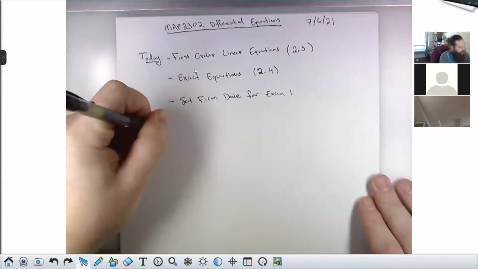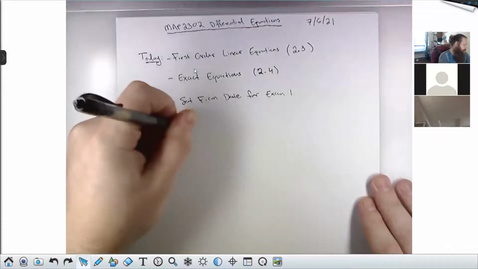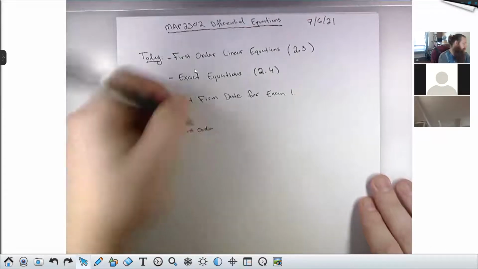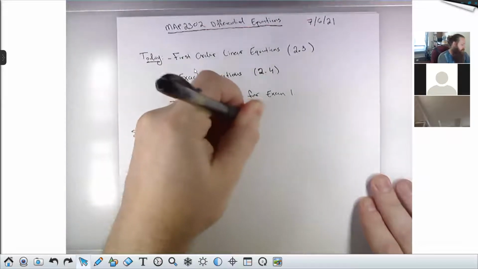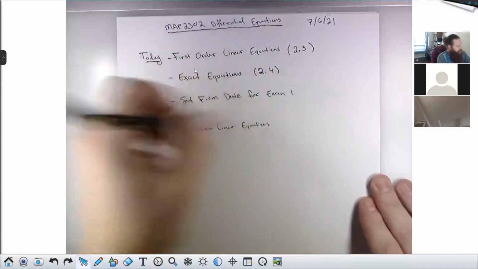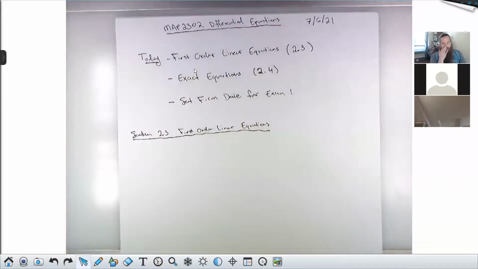Section 2.3. First order equations. One of the difficult things in this class, from my perspective, is choosing how much theory to give you guys.